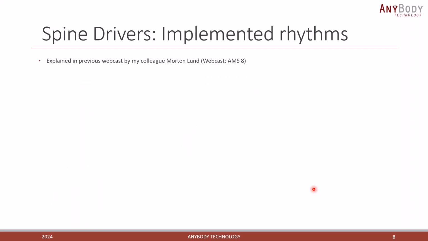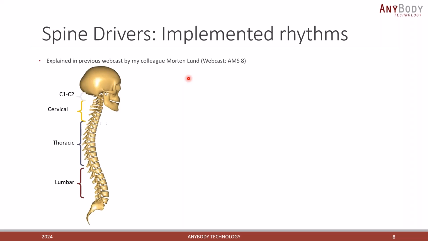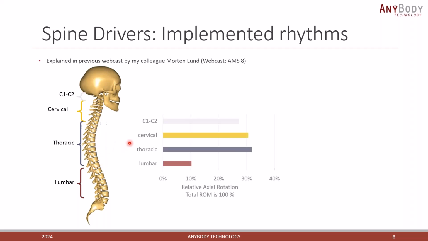The implemented rhythms were explained in a previous webcast by my colleague Morten Lund, called new features in AMS 8. But I'll give you an example here to understand how it works. Let's say we have different regions of the spine, and we want to simulate an axial rotation.